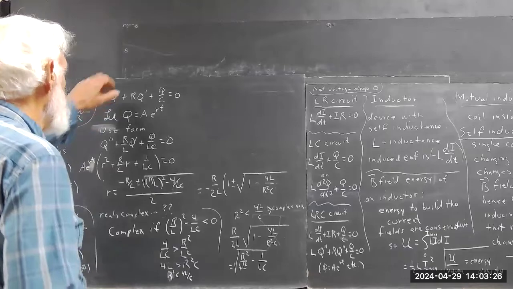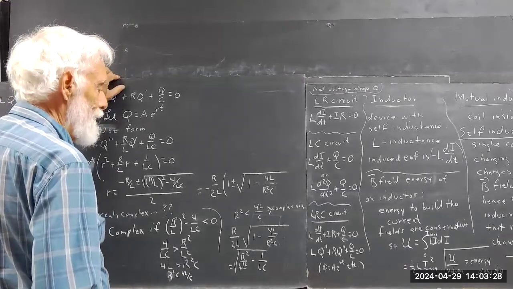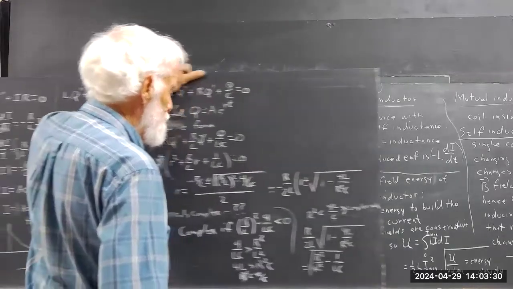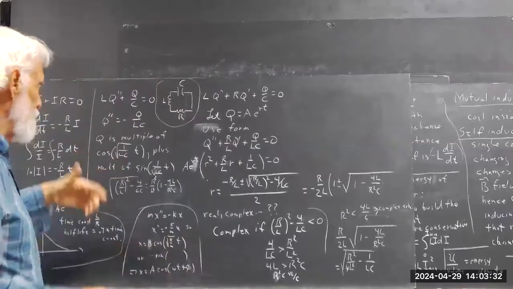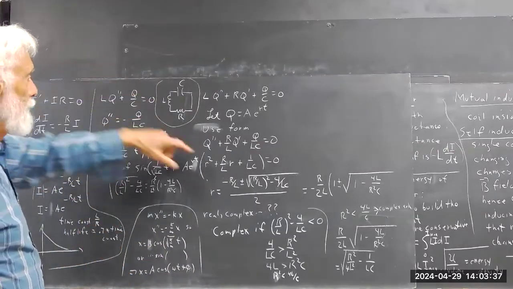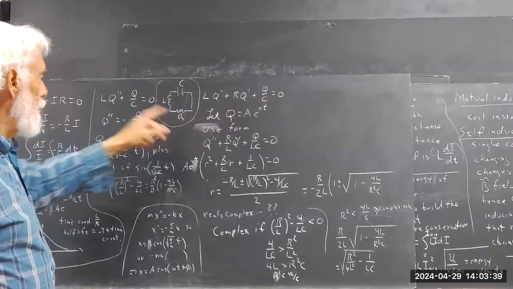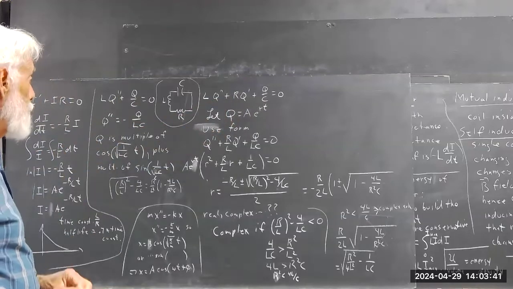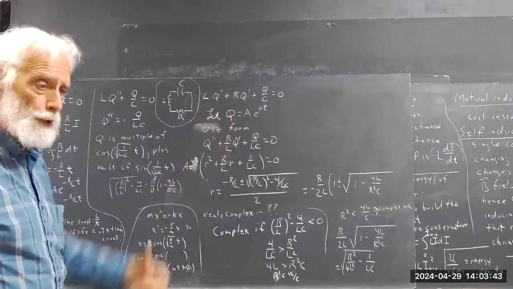Okay, I stretched around a little bit. Let's just quickly, it's an addendum, but it's part of the thing. This equation is the same as this equation if R is zero. Okay, so by inserting R, things happen.